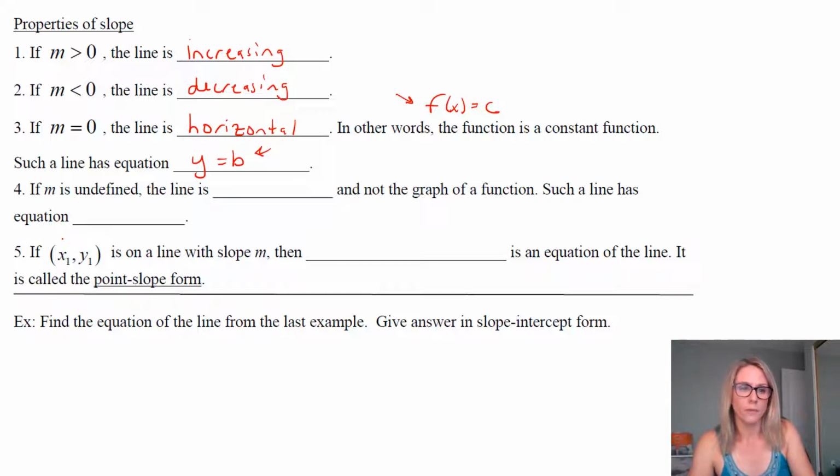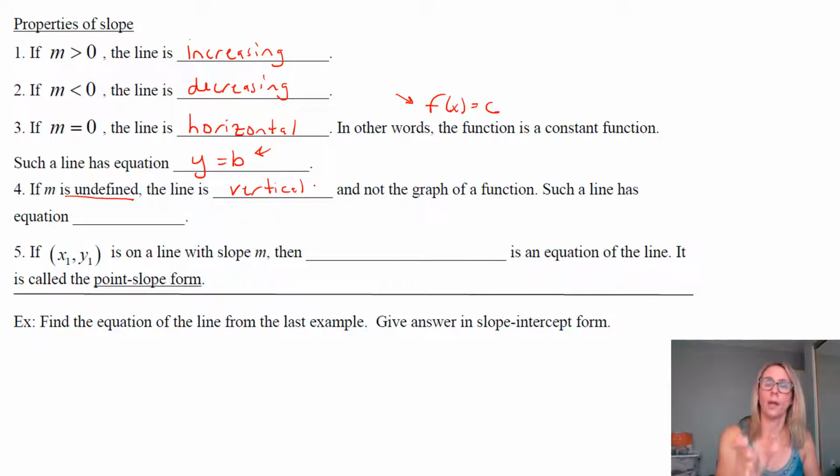If m is undefined, so if you cannot define the slope, that means that the line is vertical. Typically what that means is the change in the x values is 0, which means that you always have the same x value. So that's creating a line that looks like this.